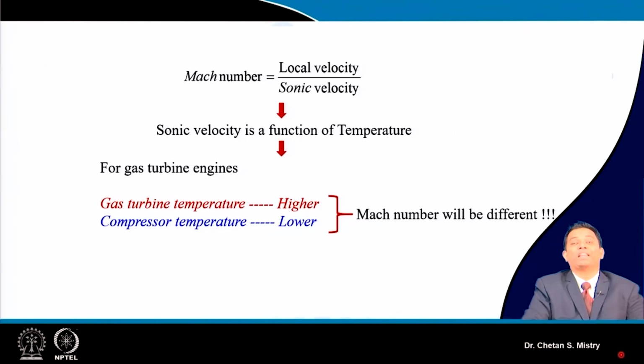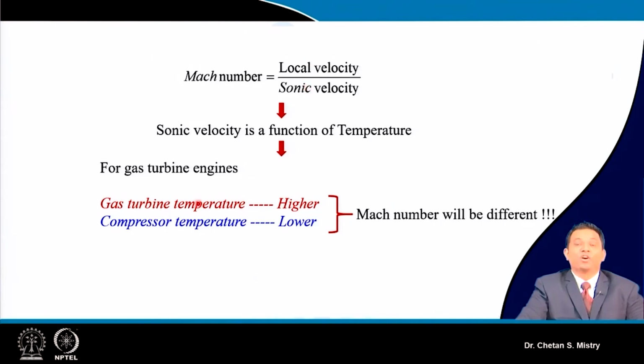Suppose we apply this logic to a gas turbine engine. We have a hot section and a cold section. The hot section has higher temperature. Gas turbines are on the hot section side. The compressor, a few initial stages, is on the colder side, where the temperature is lower. Now, the Mach number is velocity divided by root gamma RT.